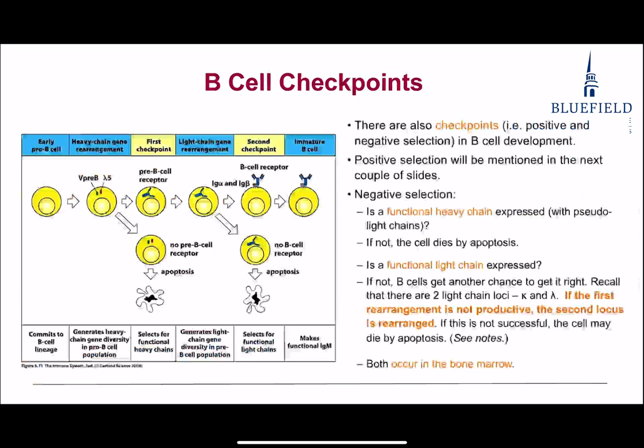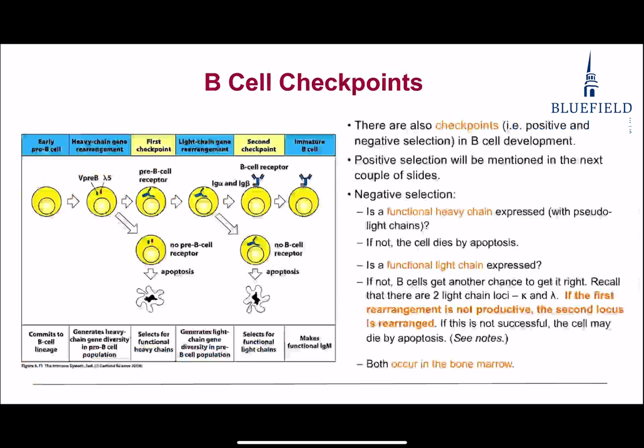If it passes the test, it starts making IgM, and then goes out into the periphery and makes IgD. If it fails that checkpoint, it can try making a second light chain. It may go to the lambda chain, or it may try another kappa.